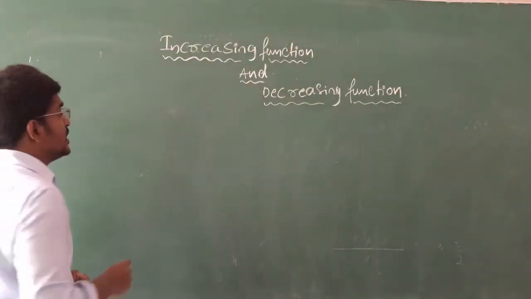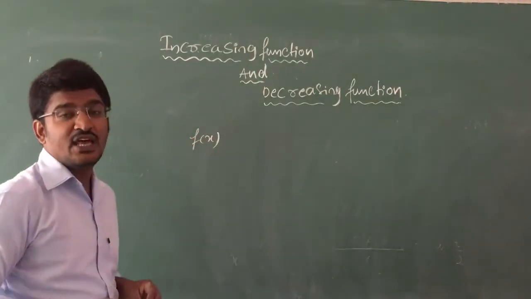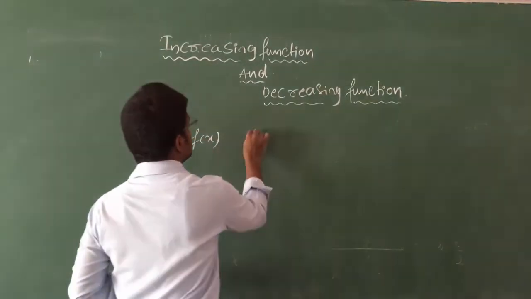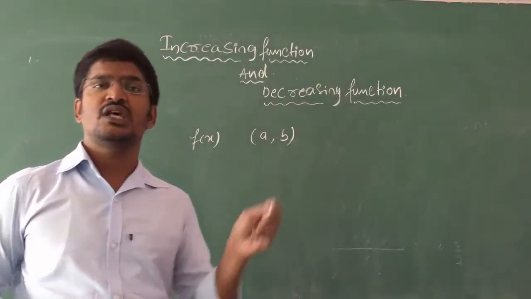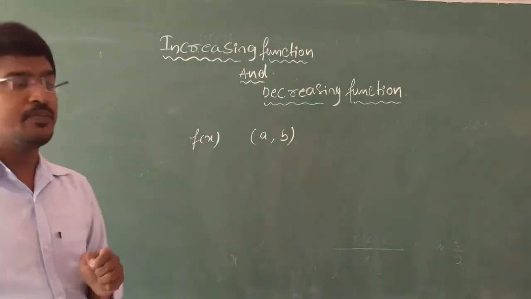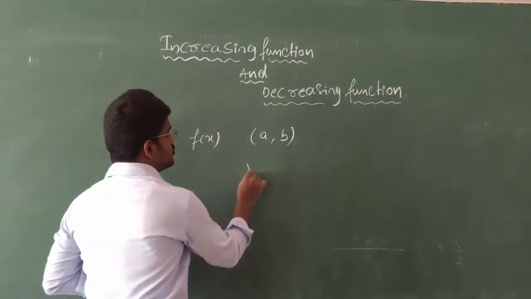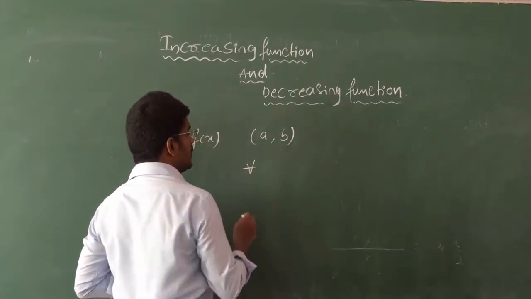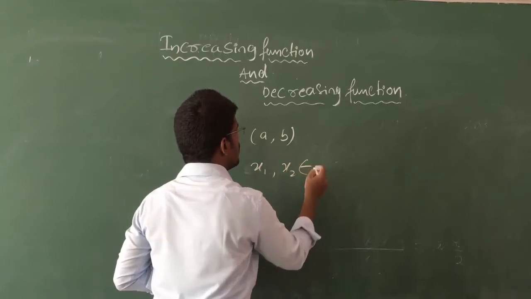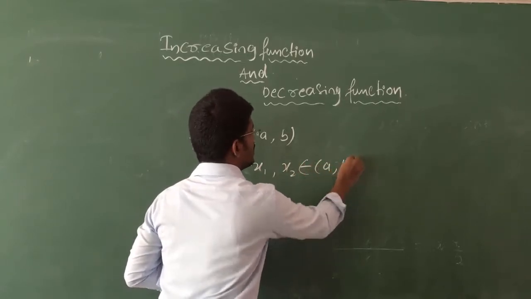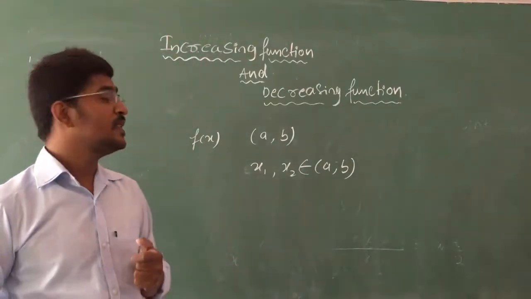So let f of x be a function in the open interval a comma b. From this interval, I will choose two elements x1 and x2 belonging to a comma b.